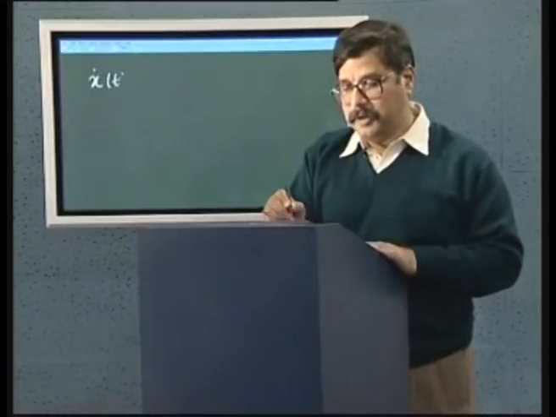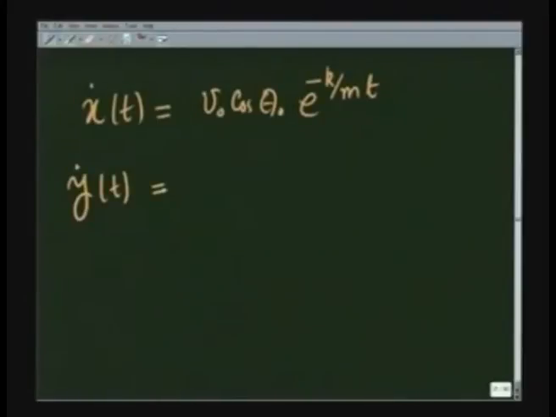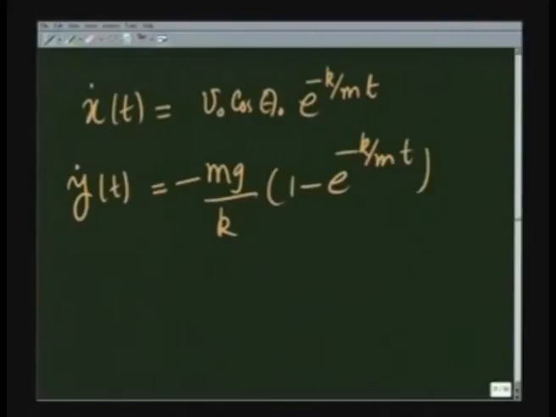However, before we find the trajectory, let us play around with the expressions for the velocities that we have already obtained. x dot t is v0 cosine of theta 0 e raised to minus k over m t, and we have just found that y dot t is equal to minus mg over k times 1 minus e raised to minus k over m t plus v0 sine theta 0 e raised to minus k over m t.